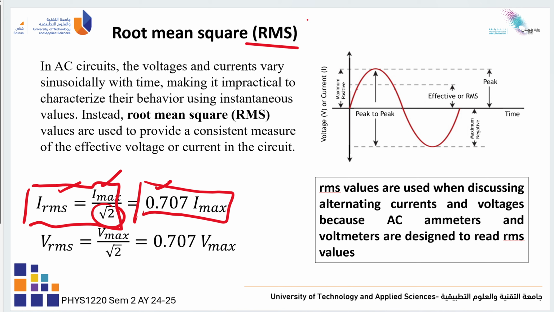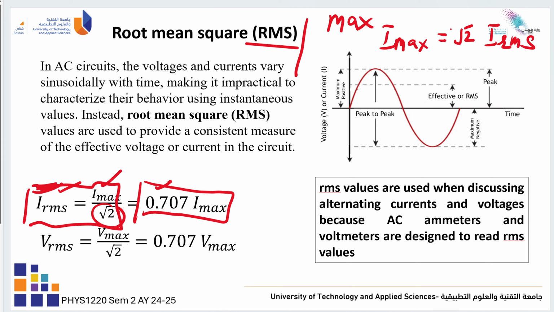Okay, and at the same time I can write the formulas in the maximum form. So how to write this maximum form? From this equation, if I take the I maximum to one side, I can write the maximum current equal to root 2 multiplied by I RMS.